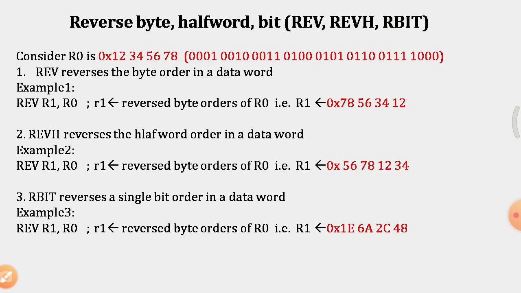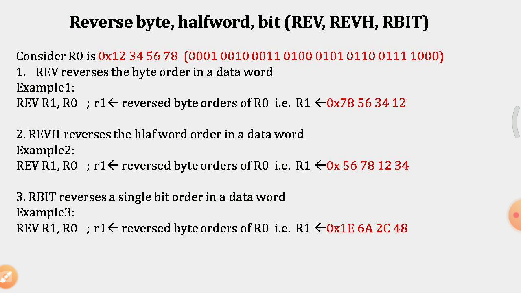Next we will go for reverse a byte order, a half word, or a bit order. 3 instructions are there: REV, REVH and RBIT. So directly we'll go for an example.